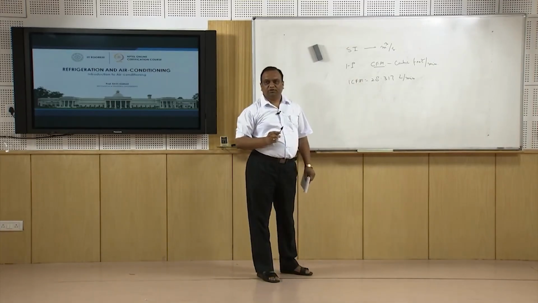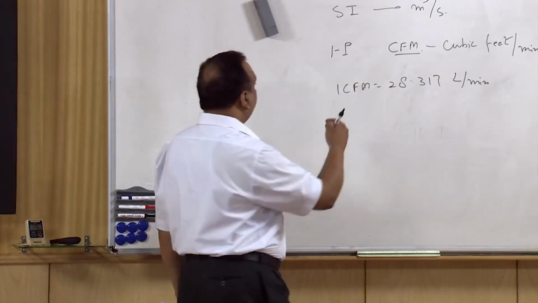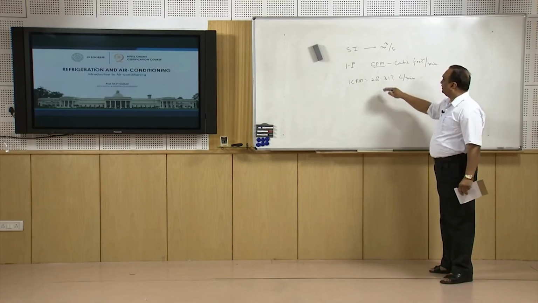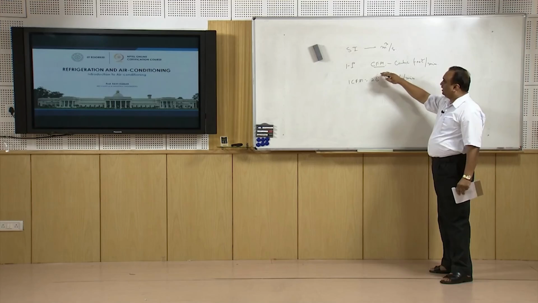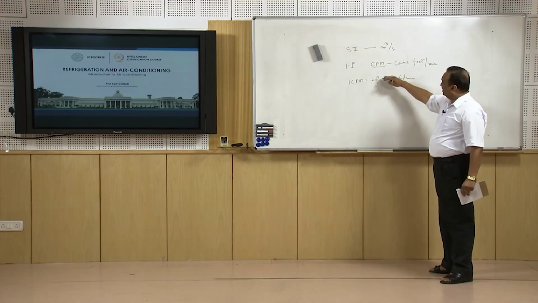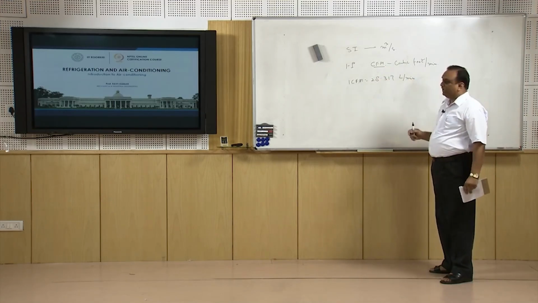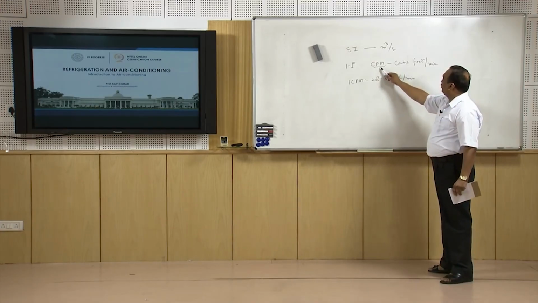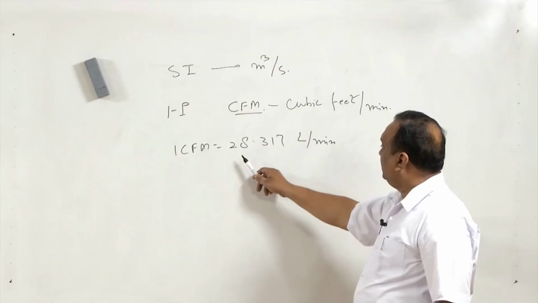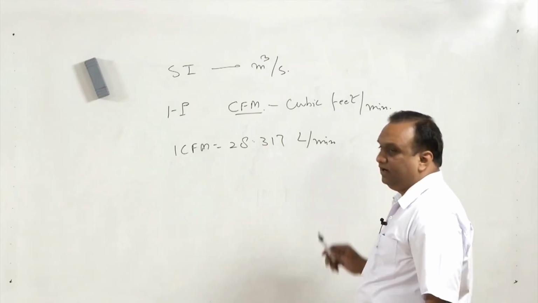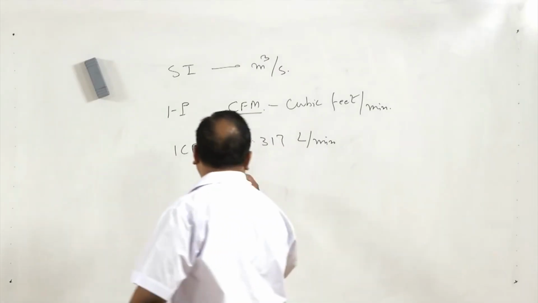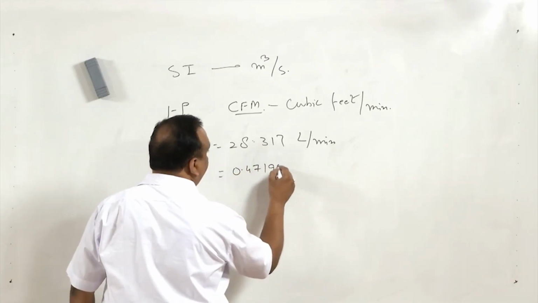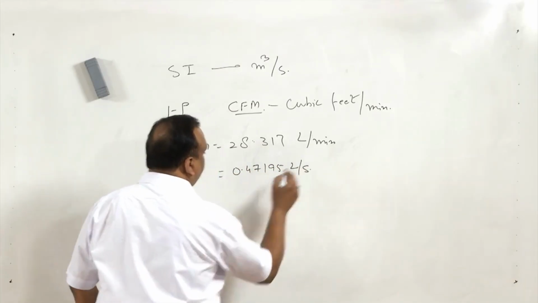Because we are conversant with the SI units, but you will find in number of the books on air conditioning also, they are using mixed units, they are using mixture of IP and SI units. But here in this course, we will be covering only SI units. So, we will convert all the IP units into SI units. So, we have to be very conversant with the conversions. So, cubic feet per minute shall be 28.317 liters per minute, which will turn out to be 0.47195 liters per second.